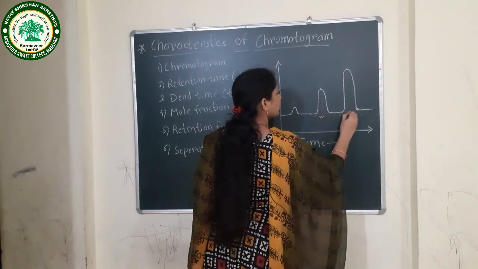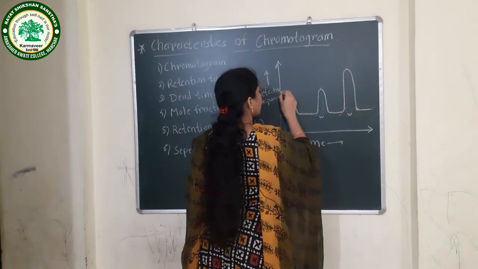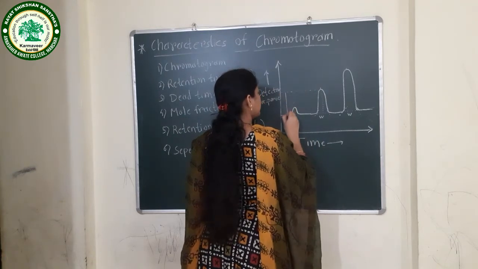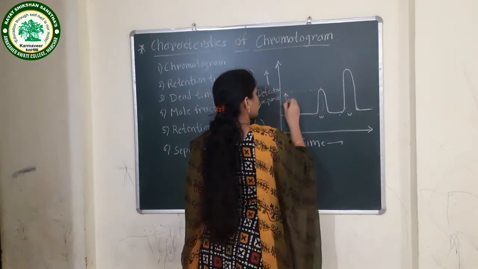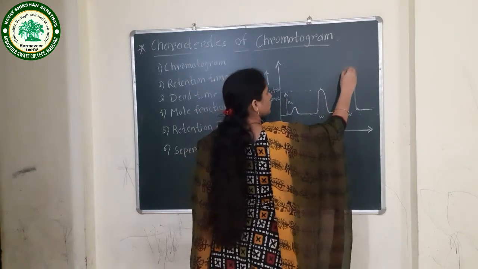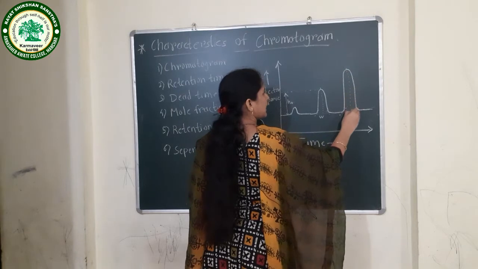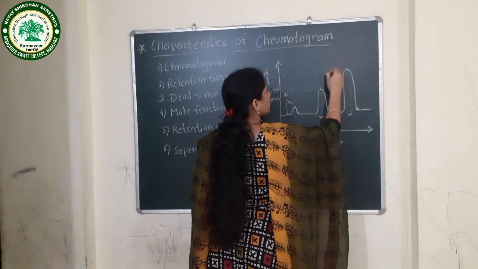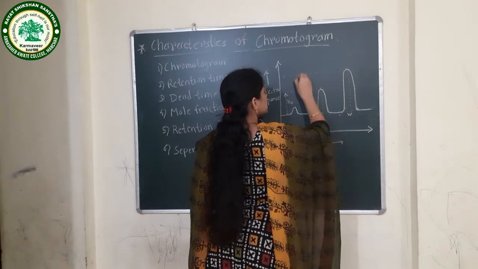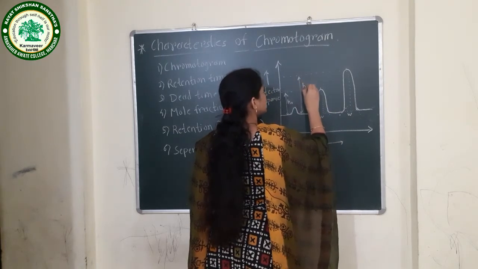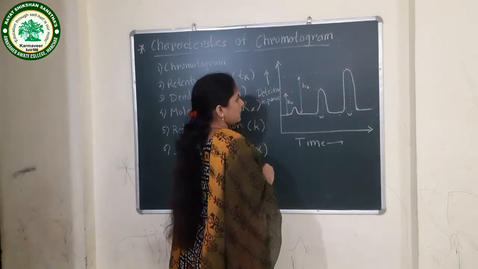Here is the width of the peak, and this is the height of the first peak. So we can say that H1, and if we draw the line here at the center, then this is the height of the second peak, H2. Okay.